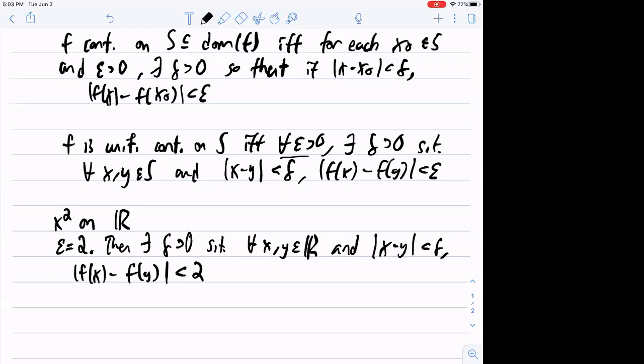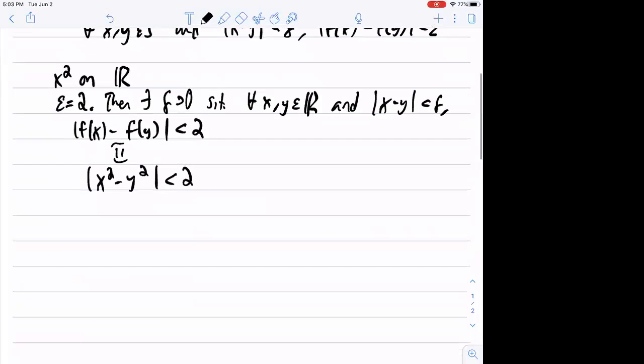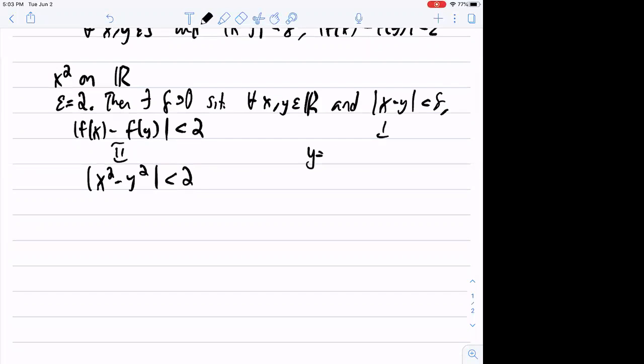So this is just a reformulation, x squared minus y squared in our case. So what you do is you choose a y. Give me a point y in here. You can take anything, but the common choice is to divide by 2. So y is x plus delta over 2. This is certainly in here, right? It satisfies this because it's only delta over 2 away from x.